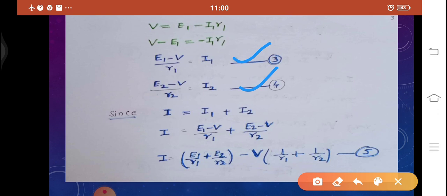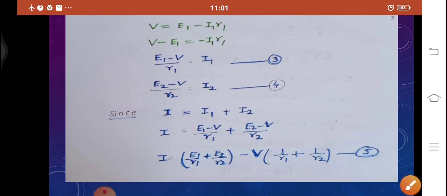Since we have I equals I1 plus I2, we can write I equals E1 minus V upon R1 plus E2 minus V upon R2. Then mathematically we can write E1 upon R1 plus E2 upon R2 minus V times 1 upon R1 plus 1 upon R2. Now we have to calculate V from this equation.